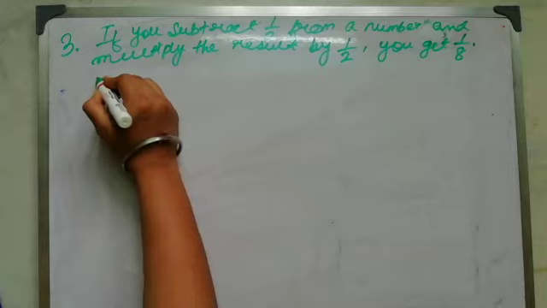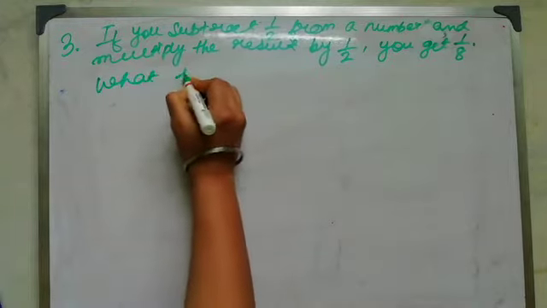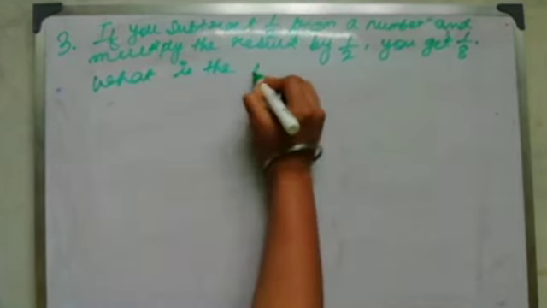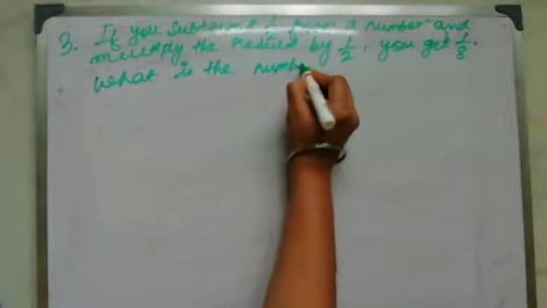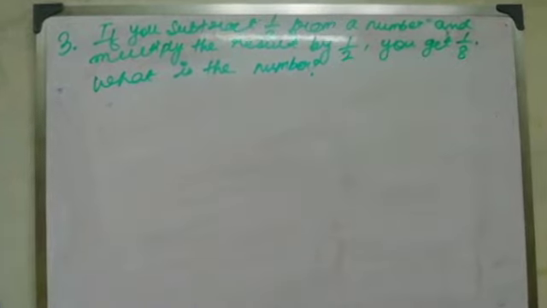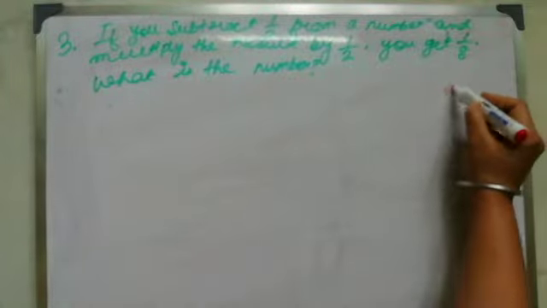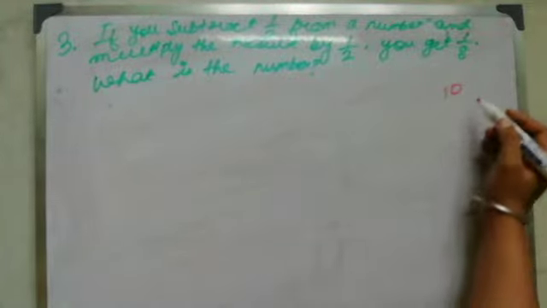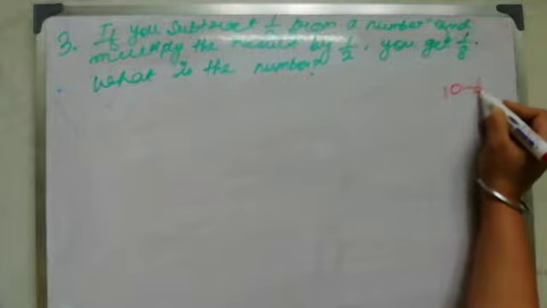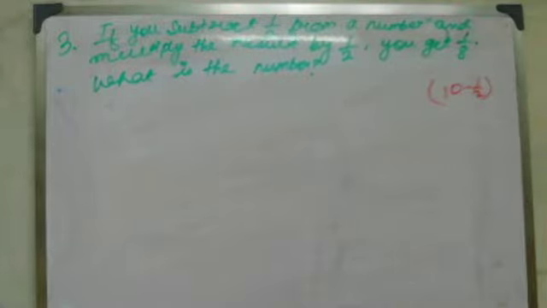Then what is the number? So what is my question telling? My question is telling me that if there is a number, suppose, I don't know, 10, and if I subtract half, 1 by 2, from it, I'll get some result.